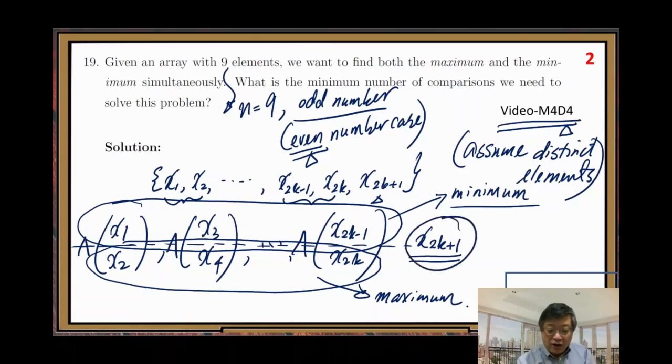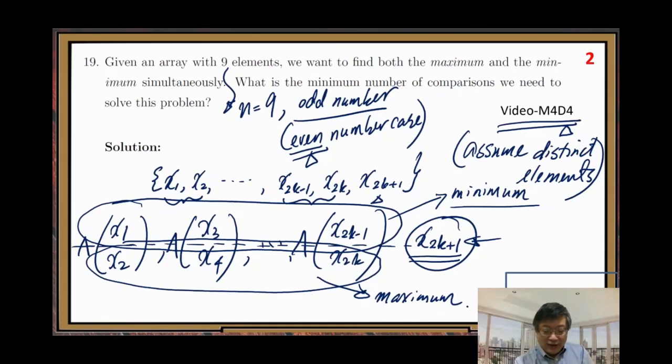Here, how do you handle the singleton? Which group do you want to make the singleton join? The singleton joins which of the two groups? Think about that.